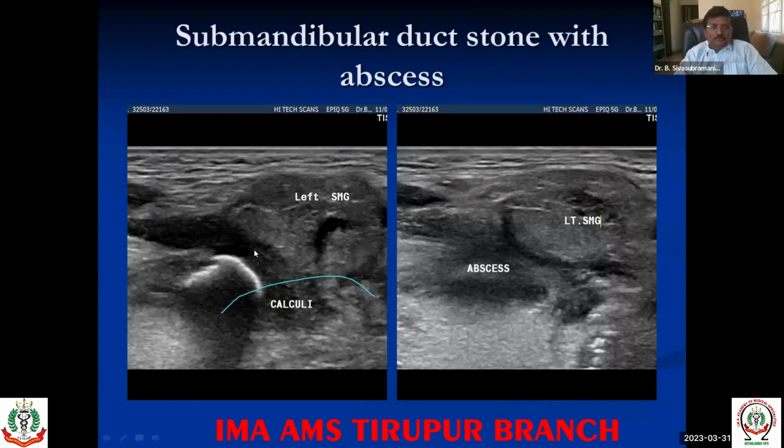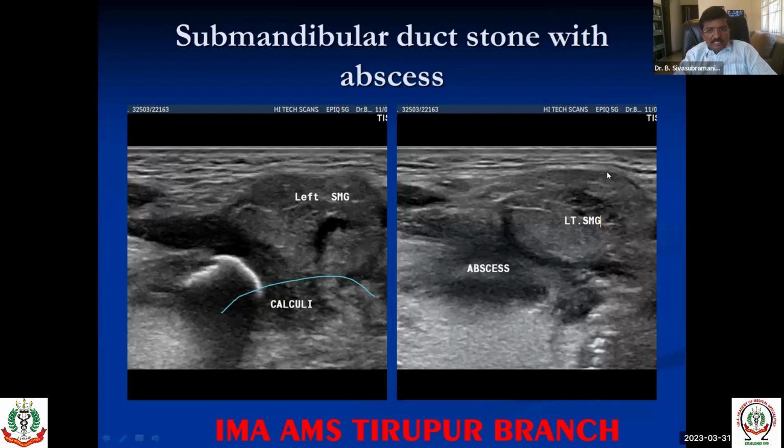Yeah. This is another case where you have a swelling in the submandibular region, and ultrasound shows a calculus in the submandibular duct. Around the calculus, you see the dilated duct, and you also see a collection with internal echoes, and this was an abscess.